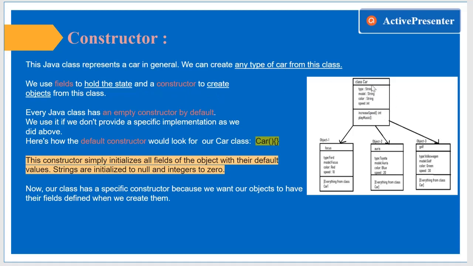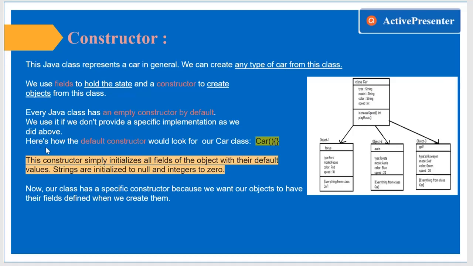Why do we use a constructor? We use a constructor to create objects of the class. Every Java class has an empty constructor by default. We use it if we don't provide a specific implementation, as we did above.